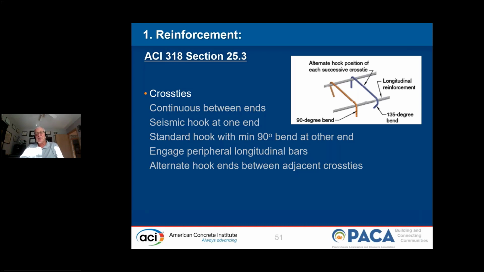So, to ensure that there's proper connection and we're properly retaining and holding the rebar in place, we alternate those hooks so that one side can't slip more than the other, and we hold the rebar in place properly.